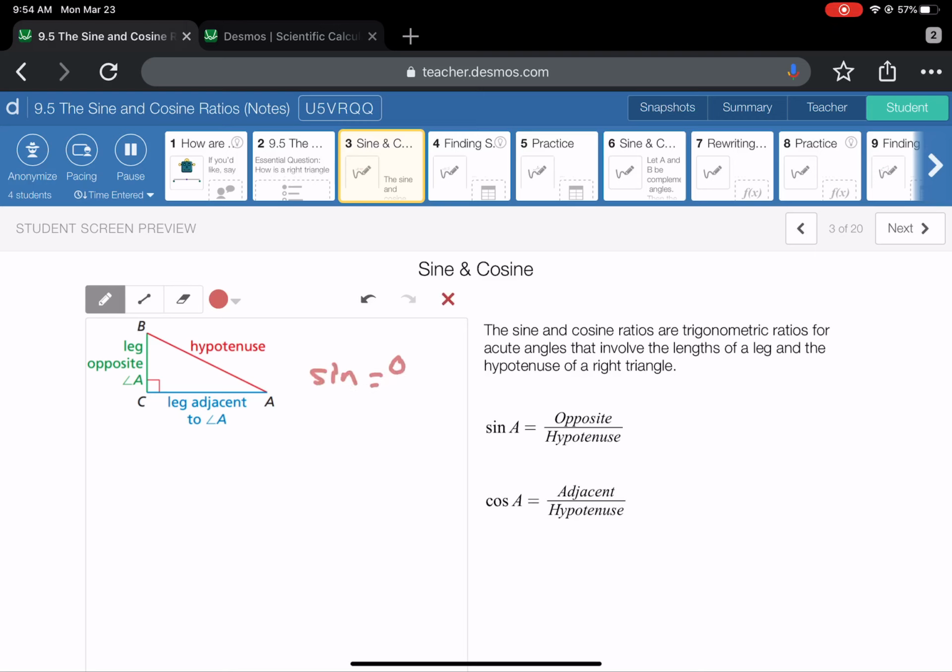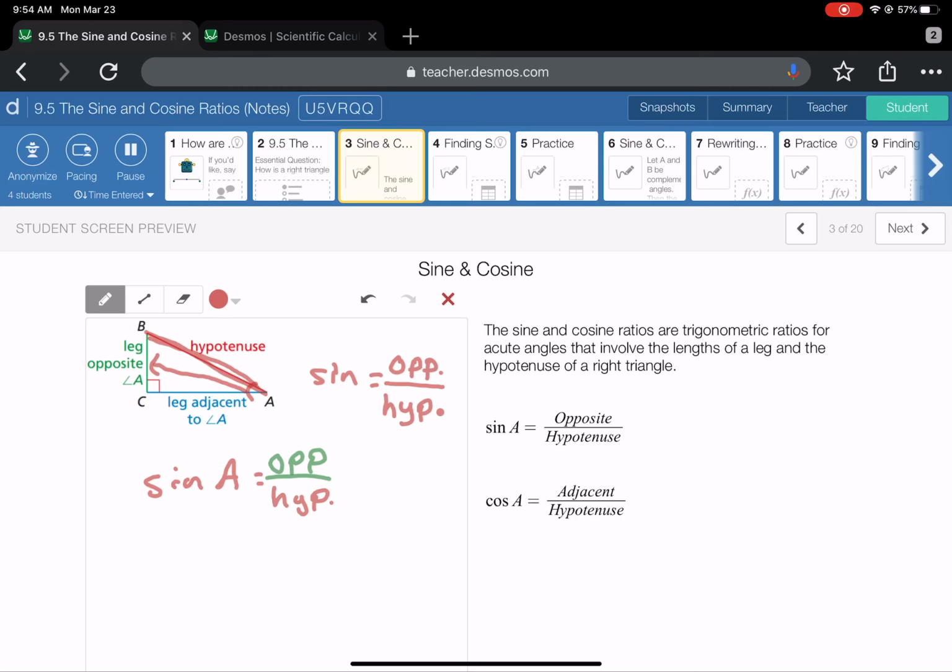Sine is represented by the opposite side of the angle over the hypotenuse. For example, if we're trying to find the sine of A, we would take this opposite side over our hypotenuse, and sine always goes over the hypotenuse.